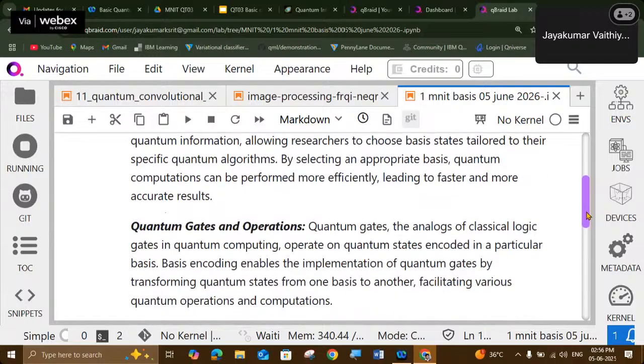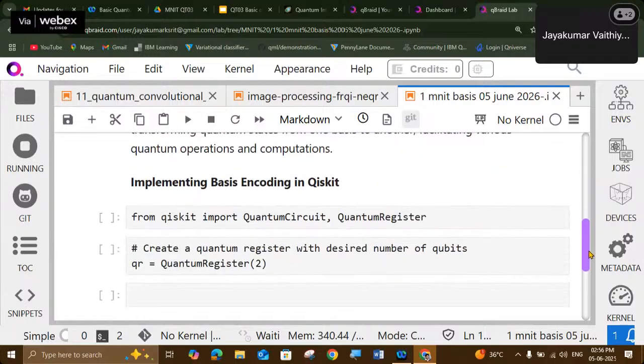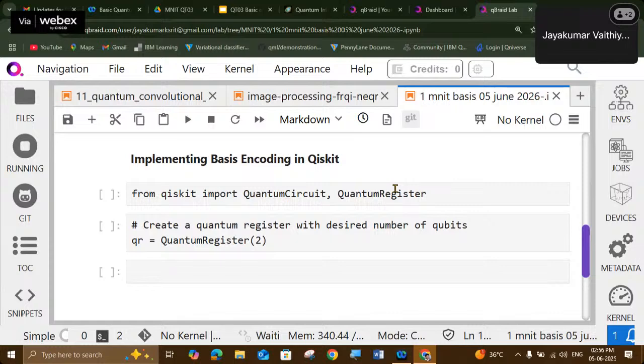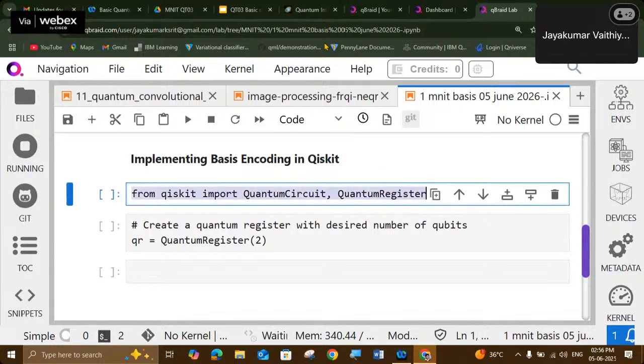I'll share this Jupyter notebook with you.